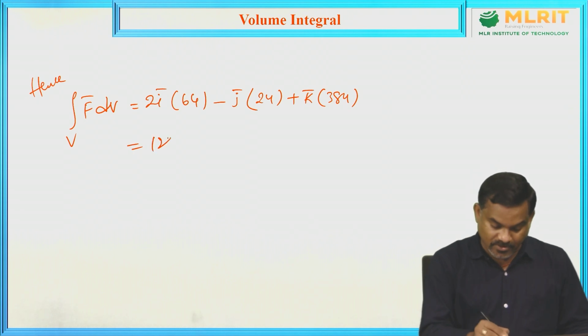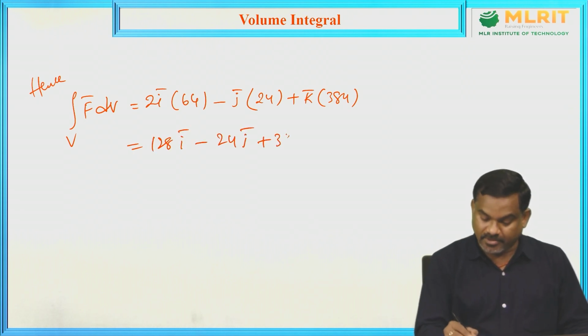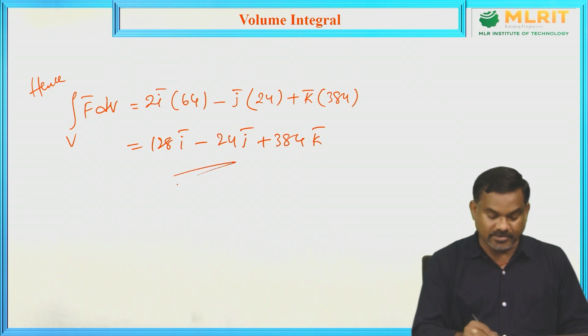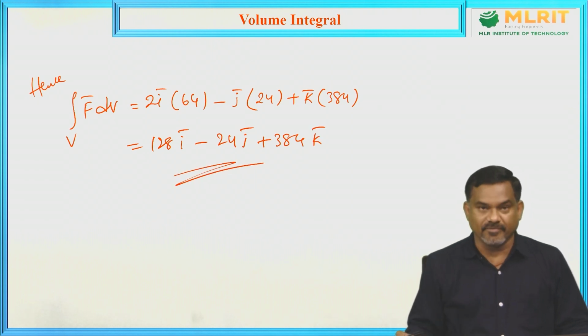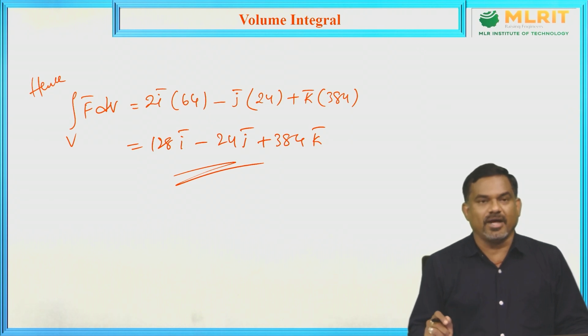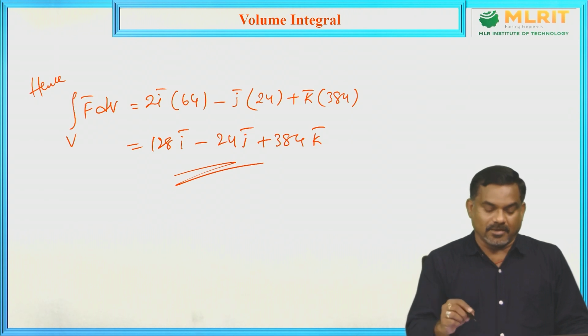So hence 128 i bar minus 24 j bar plus 384 k bar. So this is the volume integral of the given vector. So simply, evaluation of the volume integral of a given vector means to evaluate the triple integral just by integrating its components.